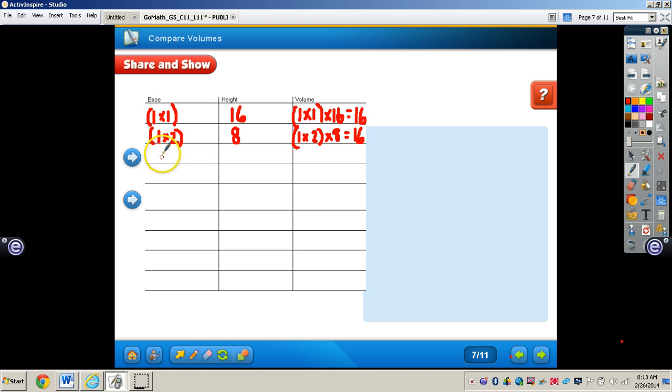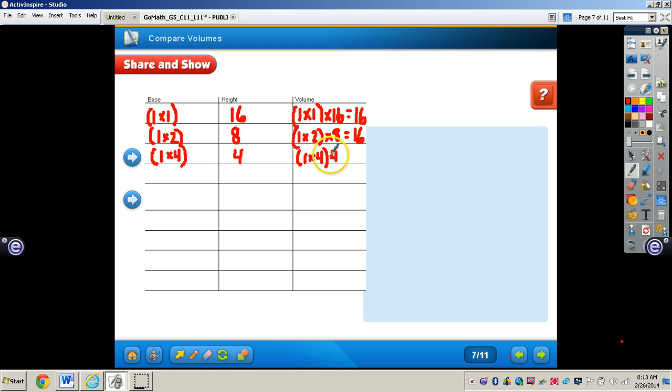Now we think through another factor of 16. We have 1 here still, a length of 1, a width of 4. That means the height would have to be 4. So we have 1 times 4 times 4 as well.